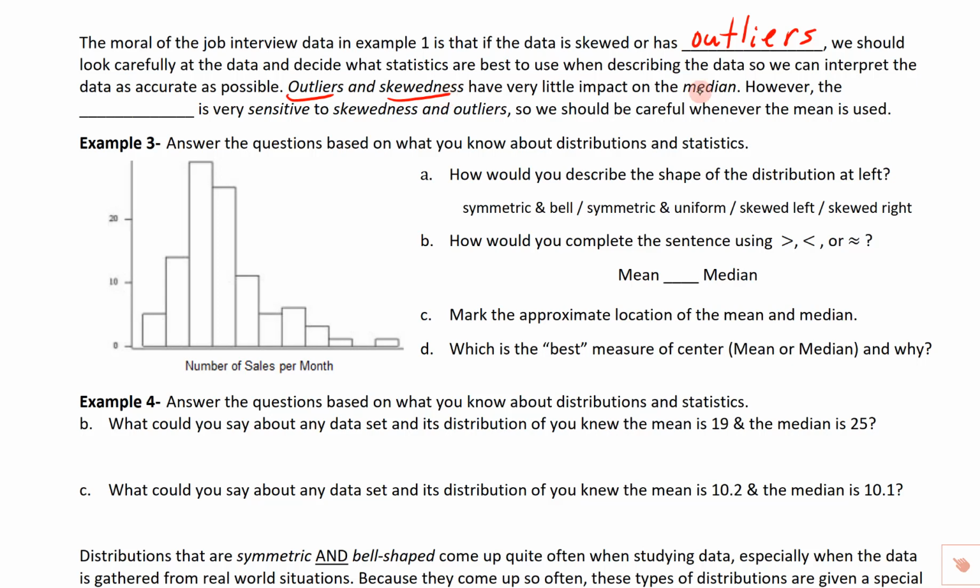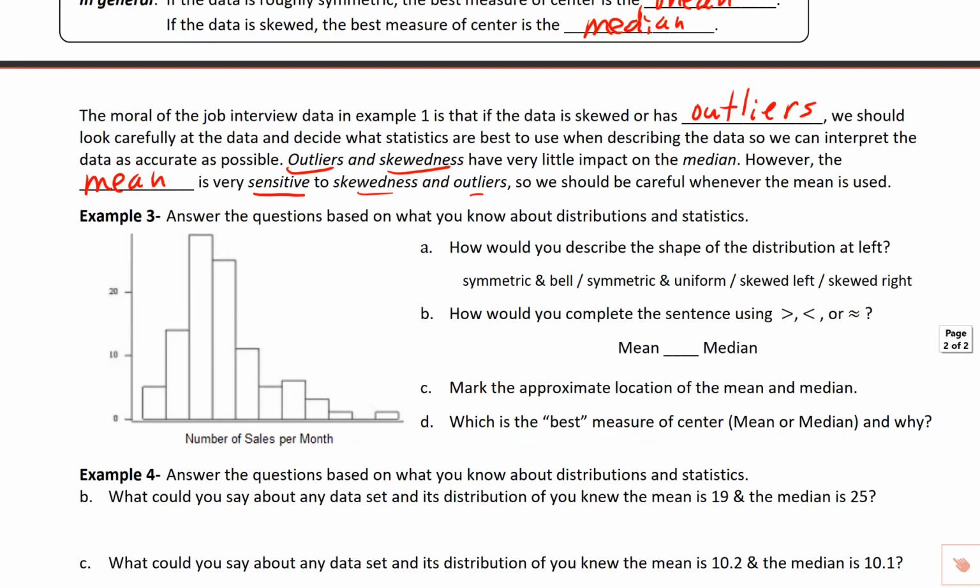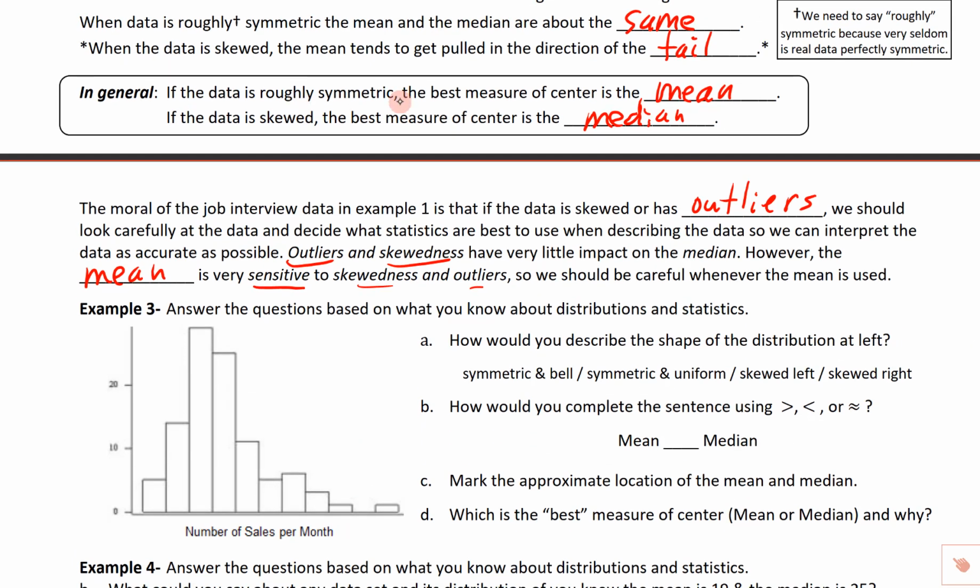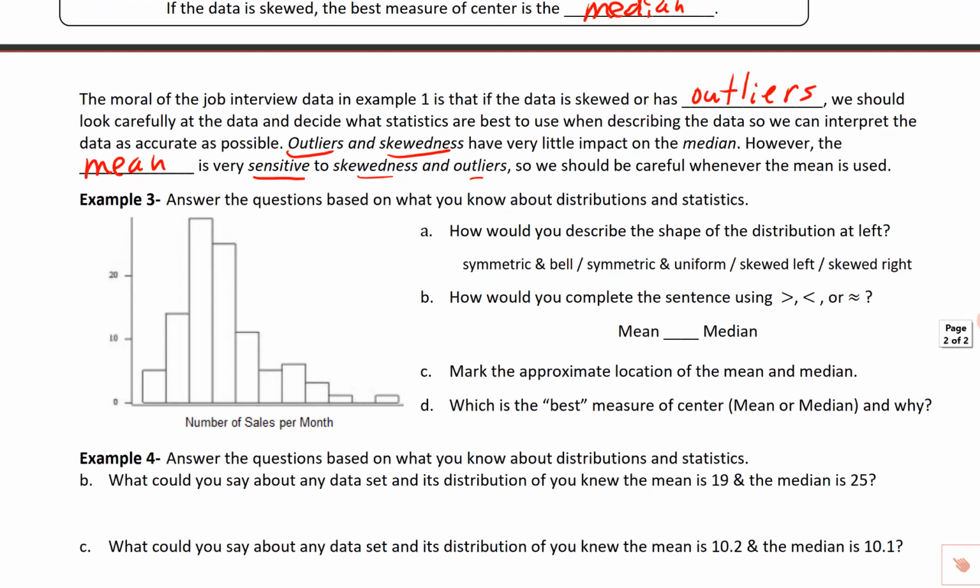All right, so if we've got a large data point, an outlier, if it's skewed and things like that, it has very little impact on the median. However, the mean, so write the word mean right here, is really sensitive to skewedness and outliers. So we should be really careful whenever the mean is used, and that's what we were talking about right here. If it's roughly symmetric, go ahead and use the mean, but if it's skewed, and perhaps if it has outliers, then we probably ought to be using the median.